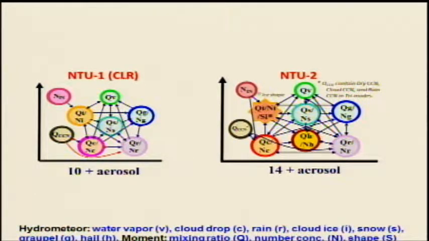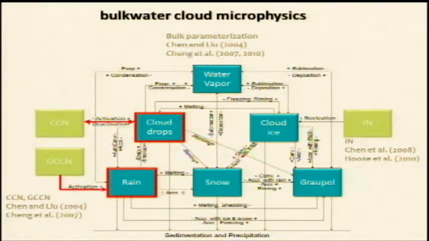However, we also consider in great detail the interaction of condensation nuclei with cloud drops and ice nuclei with cloud ice, which I will give more detail on later. And in the latest version, we also add hail, and the cloud ice is treated in more detail by including the shape effect of the ice crystals. So this is another schematic of our scheme, showing more of the conversion between the different hydrometeors.